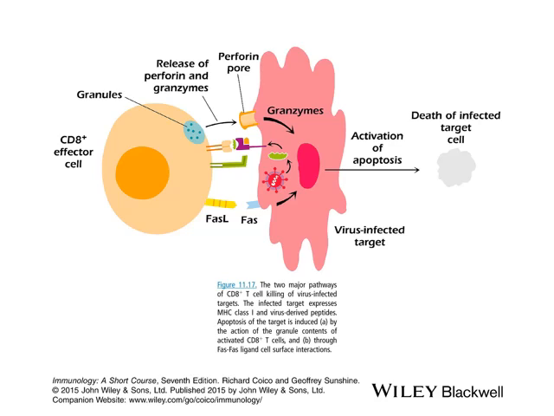So FAS will tie up with FAS ligand, and by the end of the day, the virus-infected target will die of apoptosis, death of the infected target cell. That's how viruses kill. So this tissue could be anything, it could be liver, it could be skin, you name it.